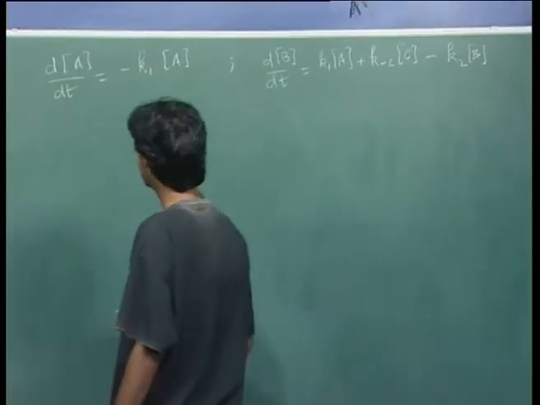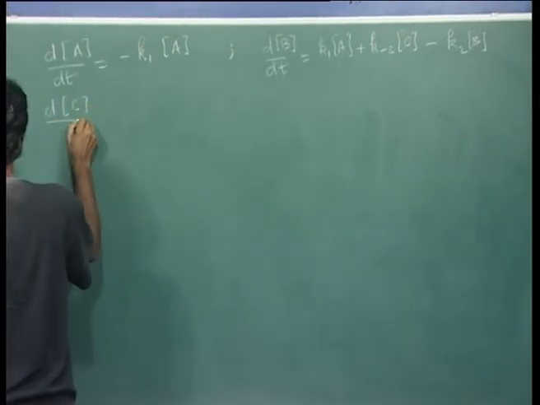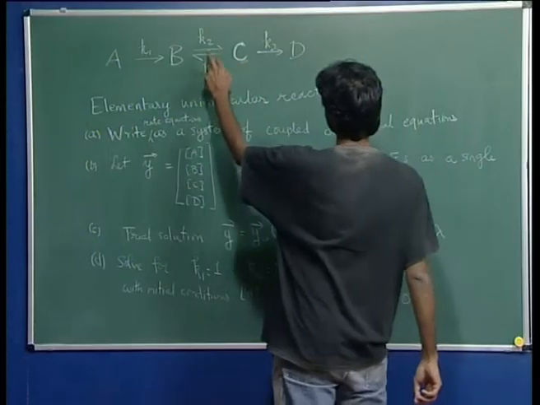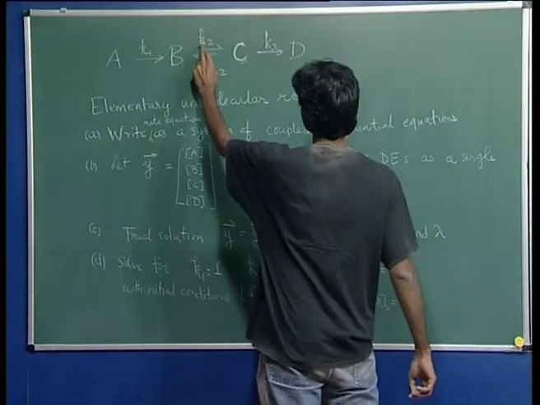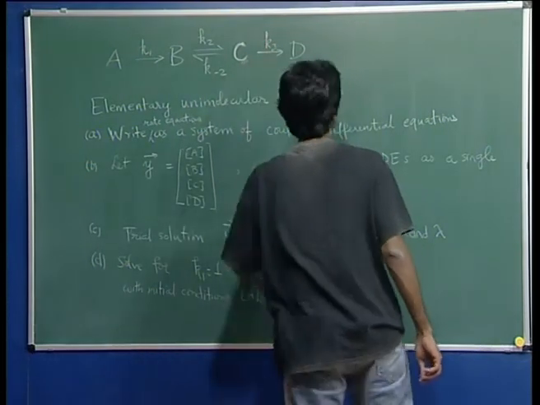Okay. Then you can write dC by dt using similar arguments. C is produced at a rate of k2B, but it is consumed at rates of k minus 2C and k3C.